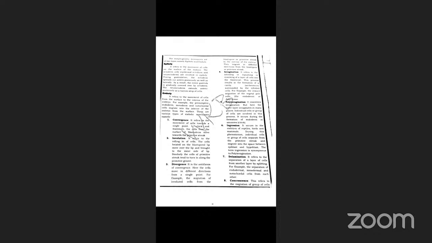They form a groove or the invagination for the primitive streak to form. So the cells which are rolling inside and covering up the primitive streak form the groove for the primitive streak, and that movement of the cells is called involution.